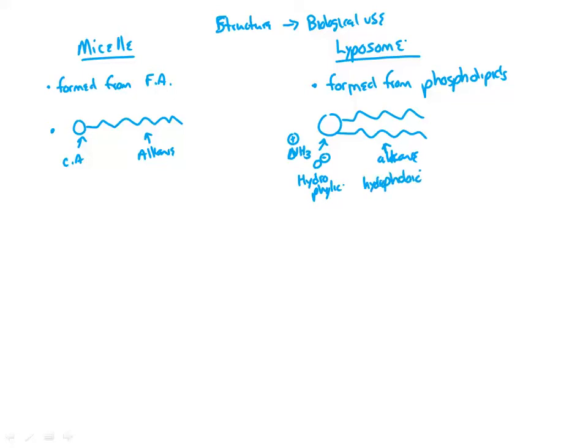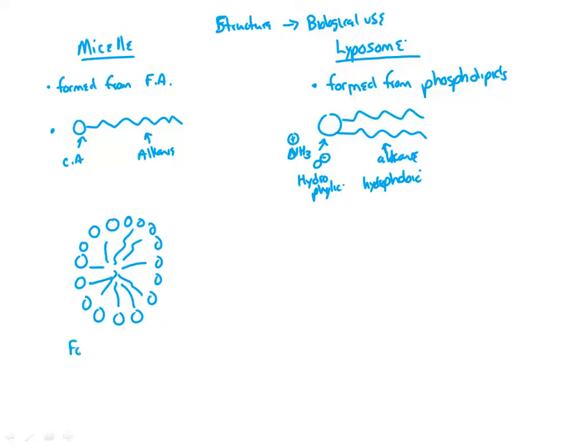And so what happens is they form different structures. Micelles tend to form circles. Well, I guess they both form circles, so that's a little silly to state. But they form a single layer with all the head groups, or all the tail groups, pointing in.